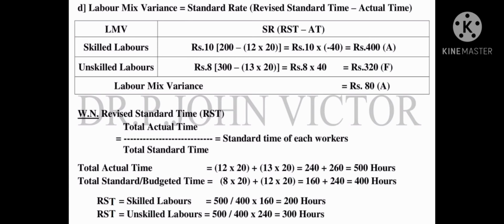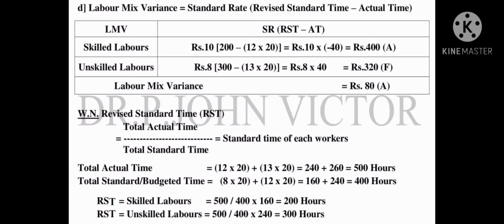Okay, before this solution in the table, go for the working note. We have to calculate the revised standard time because there are two times, actual time and standard or budgeted time, but there is no revised standard time. So we have to calculate the revised standard time. Follow the working note below the table. Revised standard time, RST.